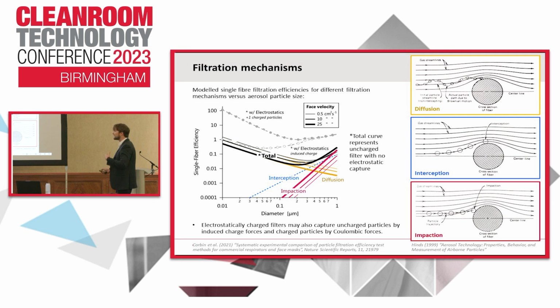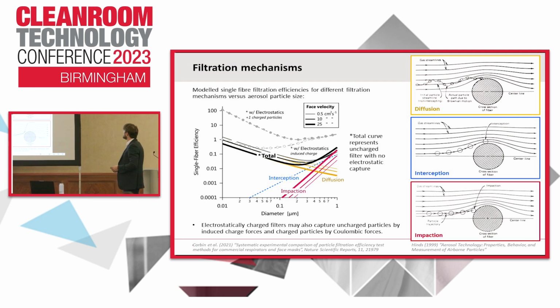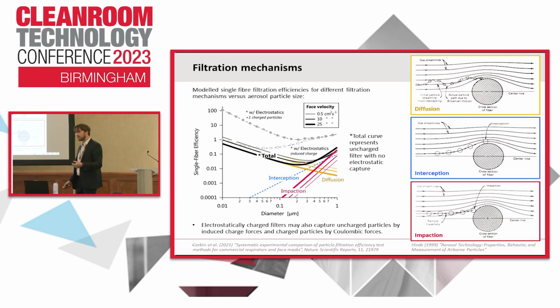And the key thing with the size dependence of diffusion is it's a more effective mechanism as particles become smaller in size. Then there's interception, whereby particles follow the gas streamline but pass within one particle radius of the fiber and are collected. So together, diffusion and interception tend to dominate collection of particles in uncharged filters.